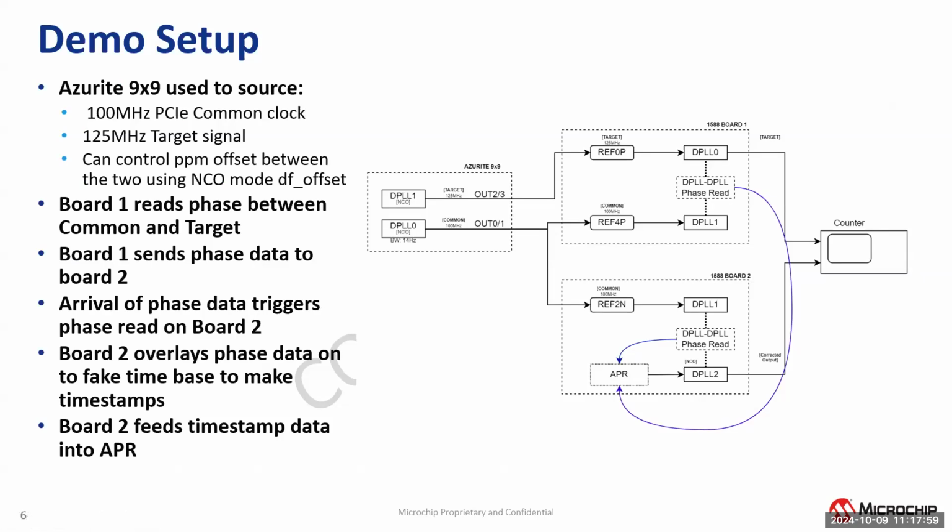So this would be useful for systems with multiple PCIe cards that wanted to achieve frequency synchronization without a shared synchronization line. Basically, you just use a digital communication channel. In this case, we used Ethernet, but this could be any communication channel that would let you send a number between the cards.